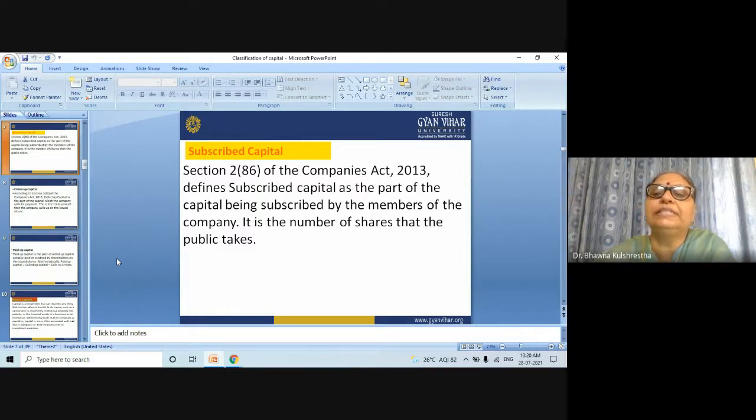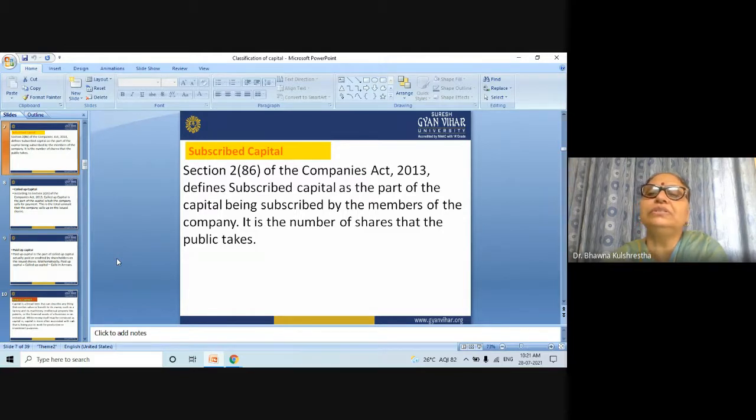Further, if the company states authorized capital in any communication like a notice, advertisement, official business letter, etc., then it has to also specify subscribed and paid up capital in equally conspicuous characters.